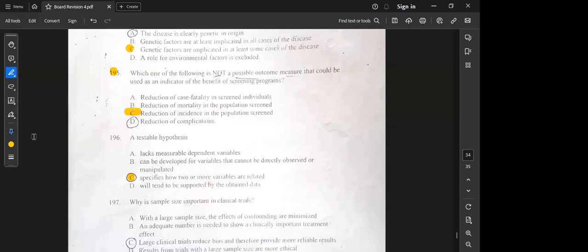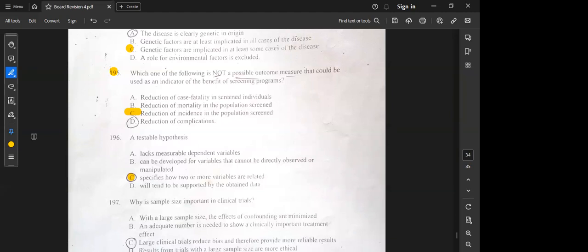And when you go to choice D, that is reduction of complications, at the stage of screening, you really do not have any symptoms, and you're not really affected by the disease per se. So for reduction of complications, I think that will be about diagnostic procedures.